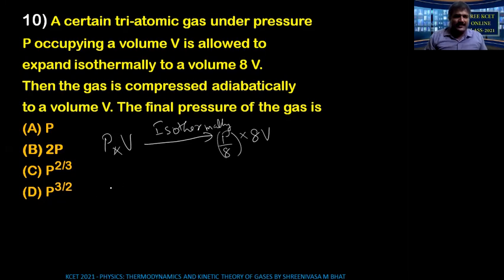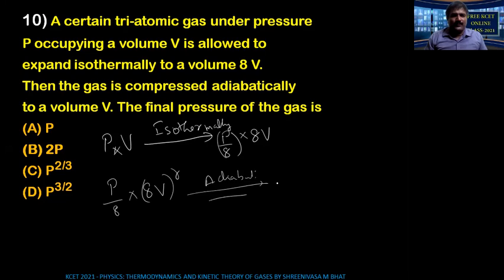Now this is changed: P by 8 into 8V power gamma. Why is it so? Because adiabatically we are changing, no? Adiabatically means the initial pressure P by 8, volume 8V to the power gamma, is equal to the final pressure we have to find out, say P dash, and the volume is finally V only, so V power gamma is required for the adiabatic process.